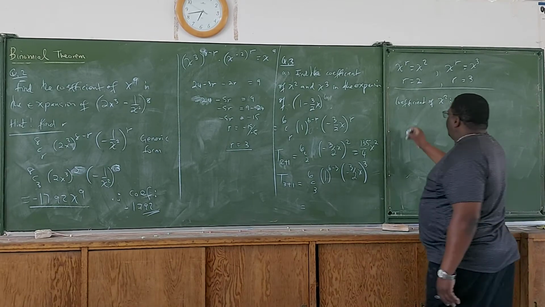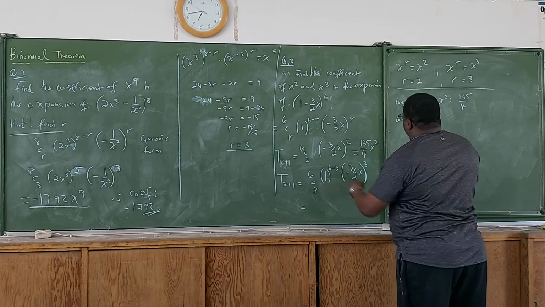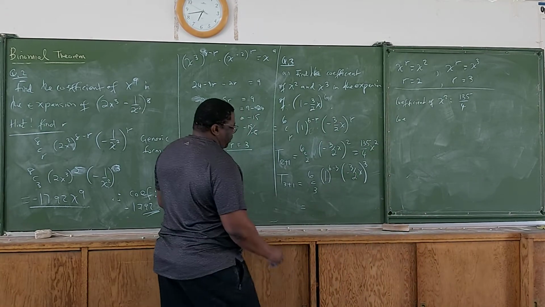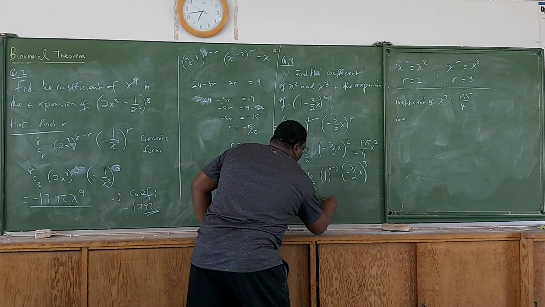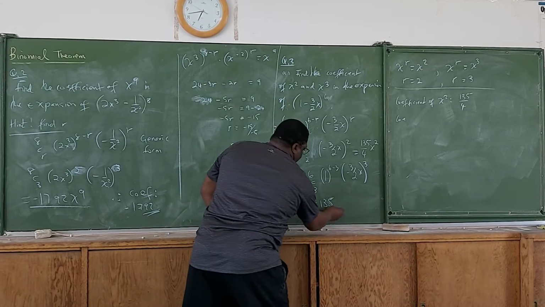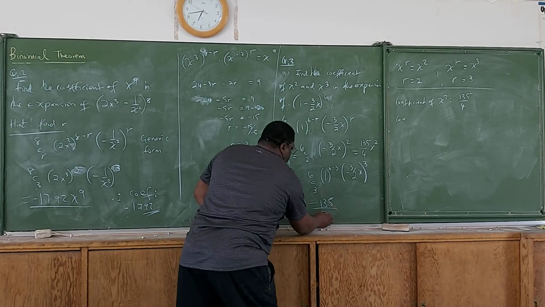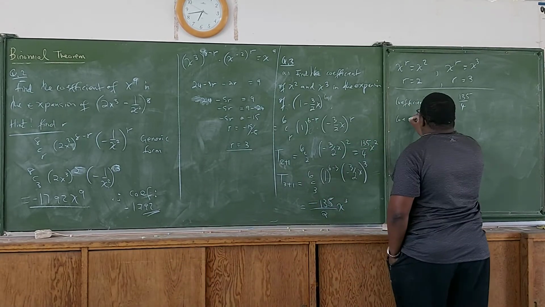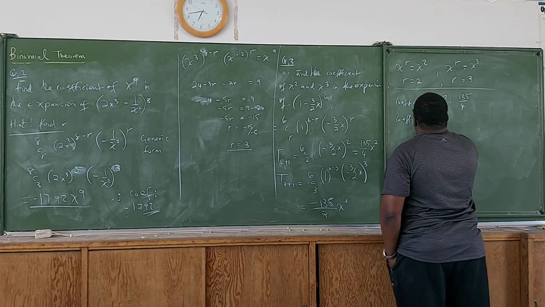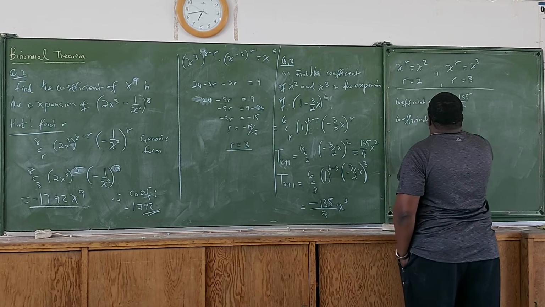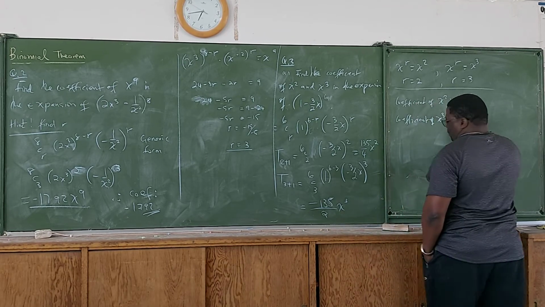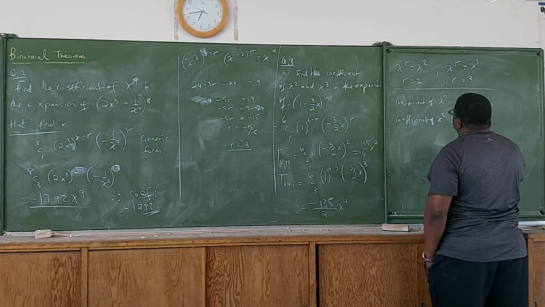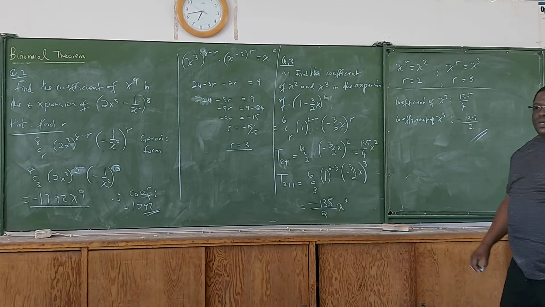Alright, another one. Give me the answer here. Negative 135 over 2, x cubed. So the coefficient of x cubed is negative 135 over 2. These are the answers to our question.